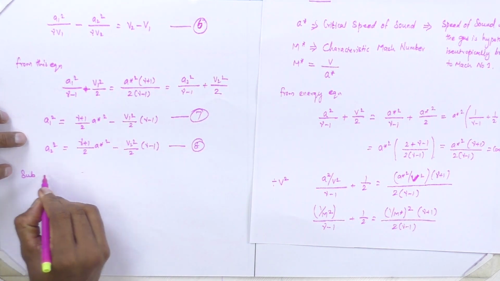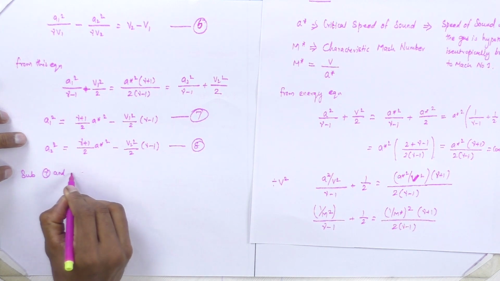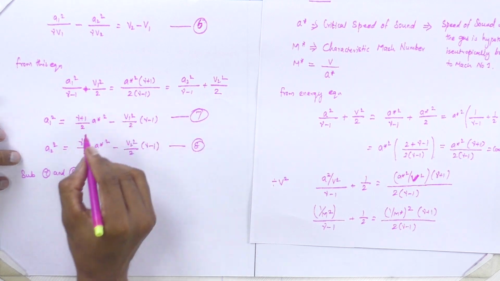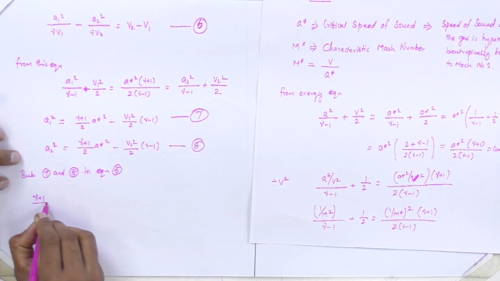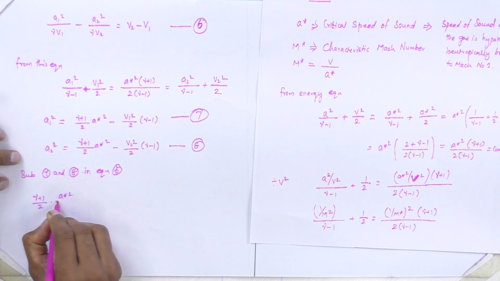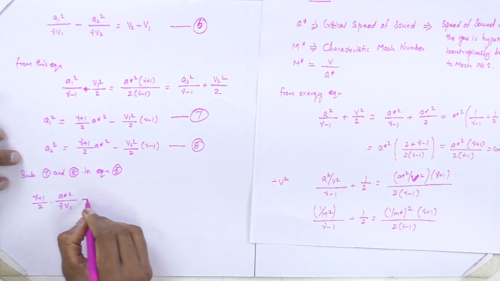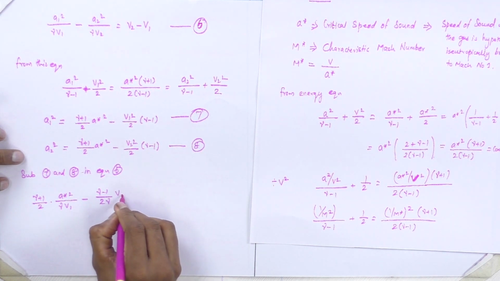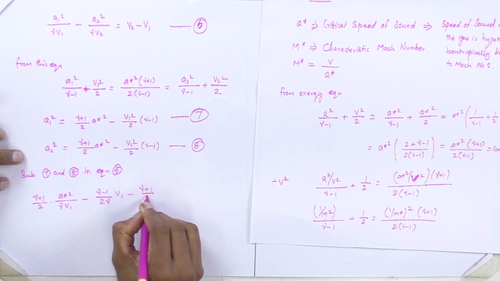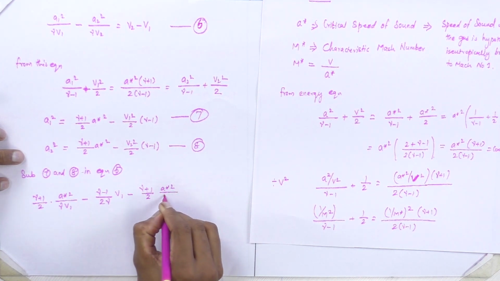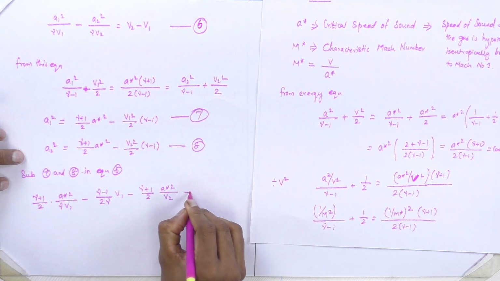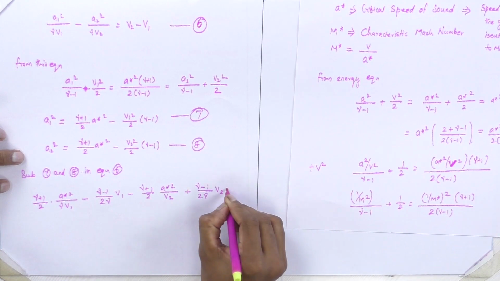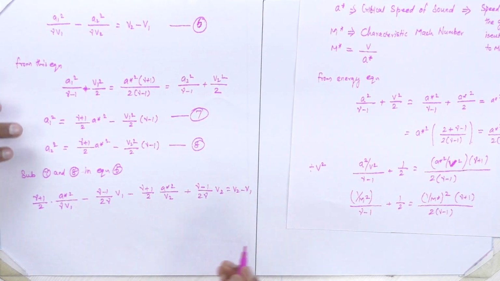So we will get (gamma plus 1)/2 a star square divided by gamma v1, minus (gamma minus 1)/(2 gamma) v1, minus (gamma plus 1)/2 a star square divided by v2, plus (gamma minus 1)/(2 gamma) v2. So this is equal to v2 minus v1.